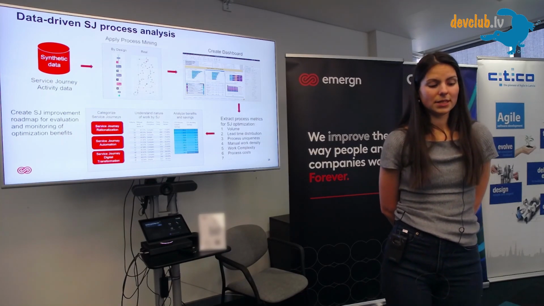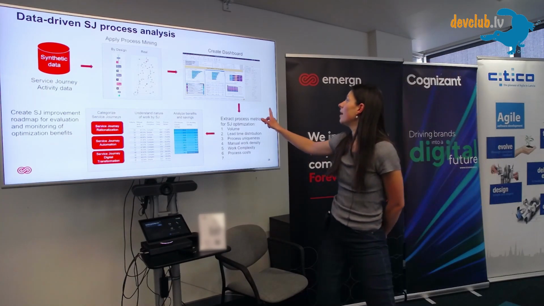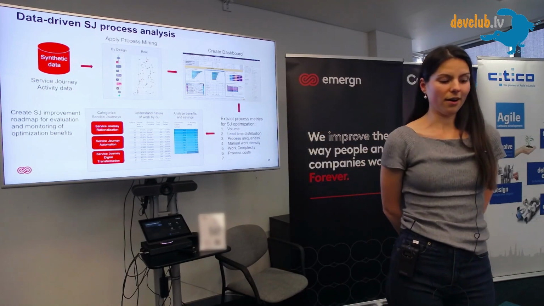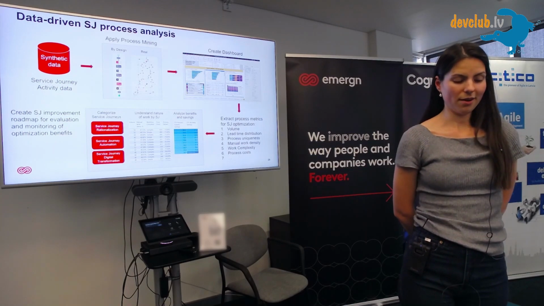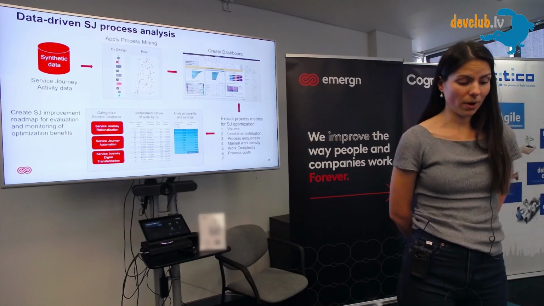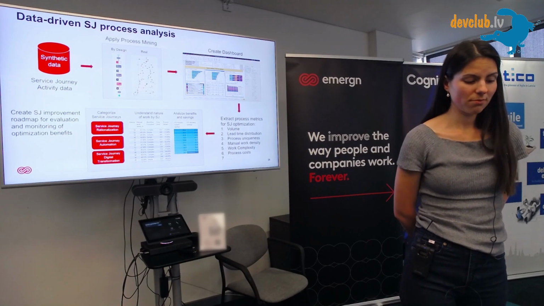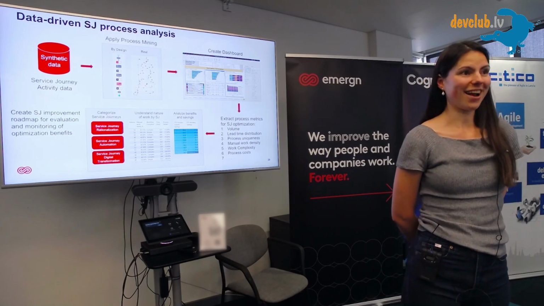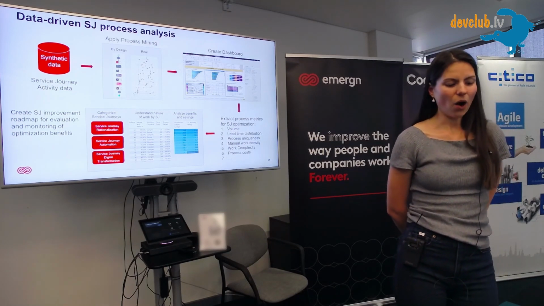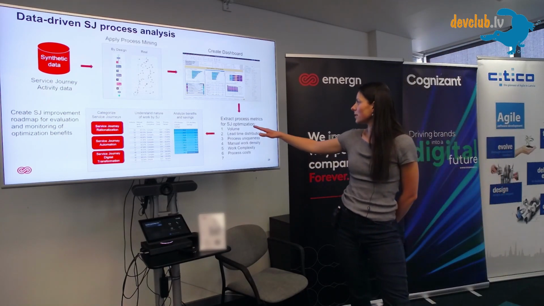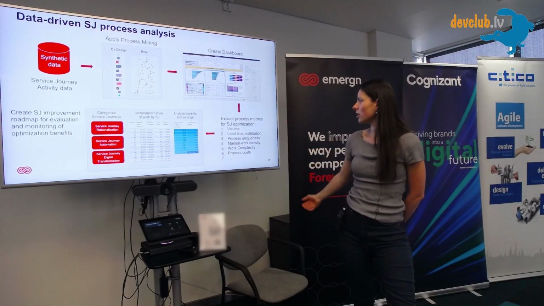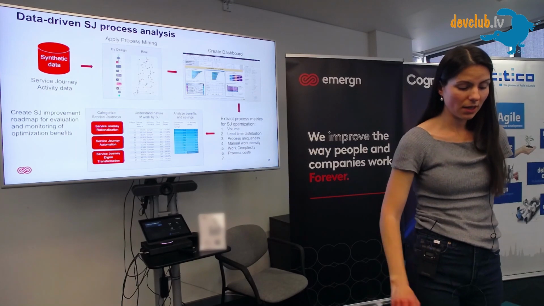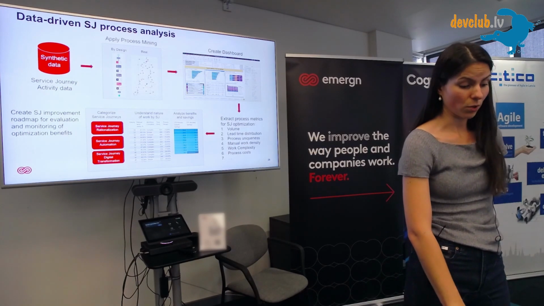So in result, we created a dashboard that helped them to understand which service journeys are going in which direction, let's say, based on process metrics like volume, distribution of lead time, manual work density, process cost, as well as work density.